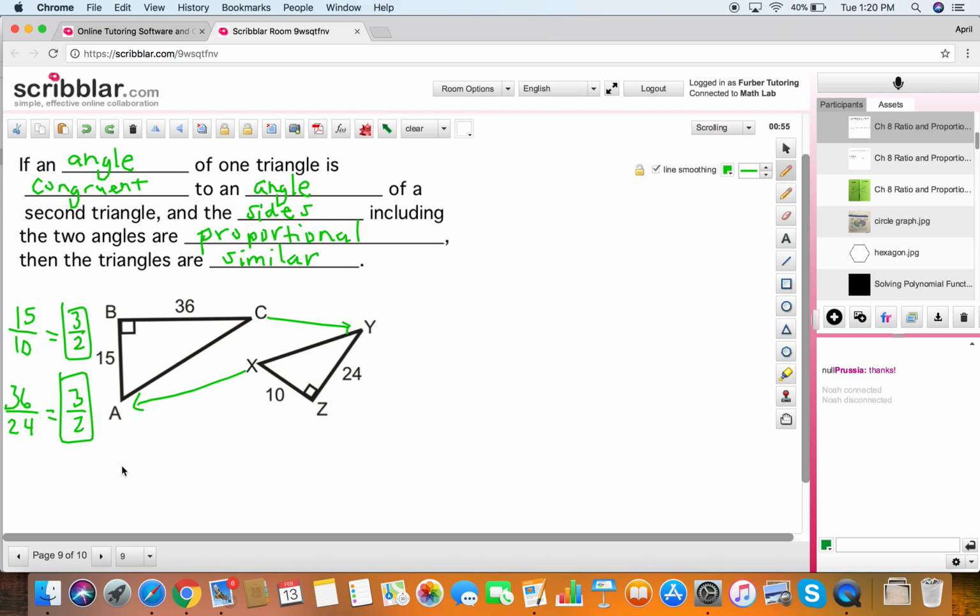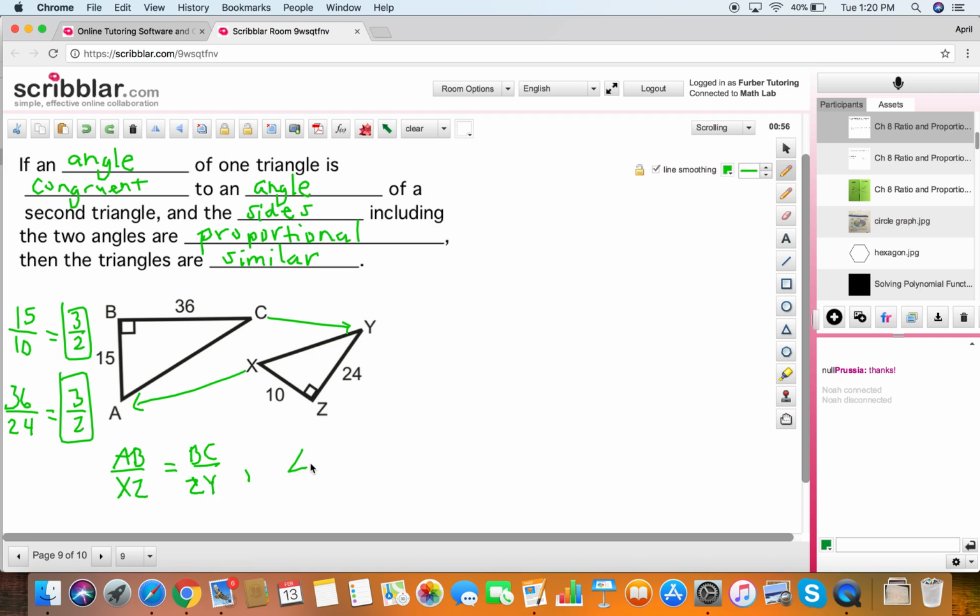So I'm going to do side AB corresponds to side XZ, and that is equal to the other two sides. The similarity ratio would be equal to the other sides, BC and ZY.